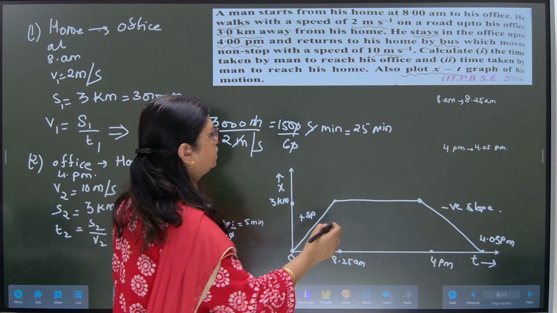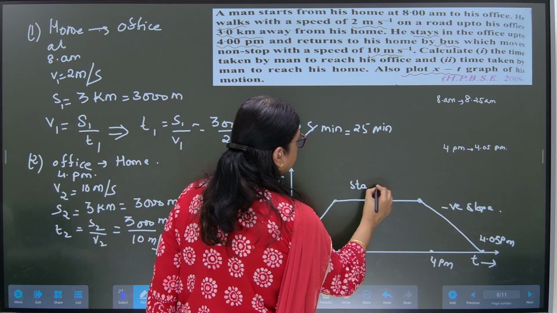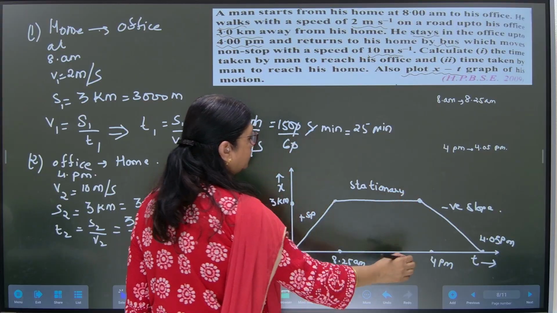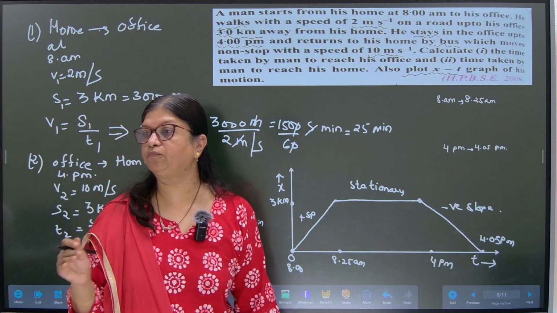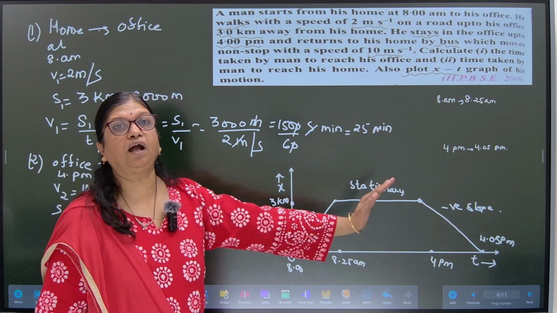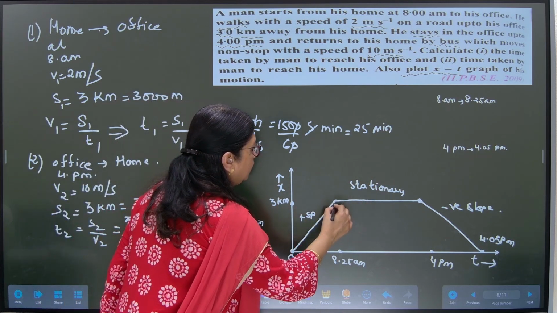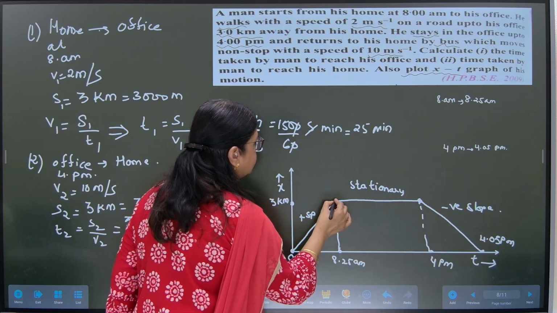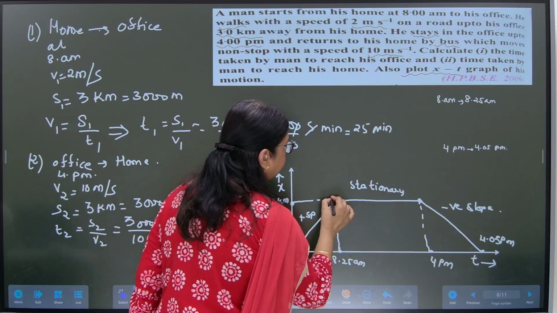The body is stationary. Why stationary? Because as the time is increasing, the body is not moving from that particular position, that is the office. So this kind of a graph I will get for the motion of this man.